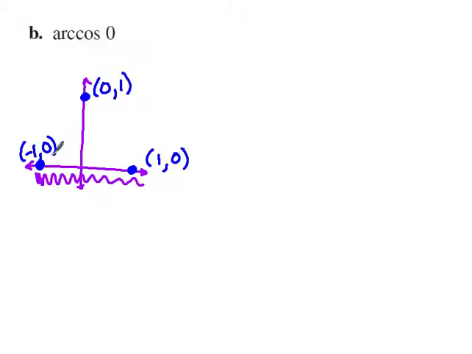Now, do we remember cosine and sine? Cosine goes with what coordinate? X. The way to remember is that it's alphabetical: cosine and sine, and X and Y, match up alphabetically. Of those 3 points, where is X 0?